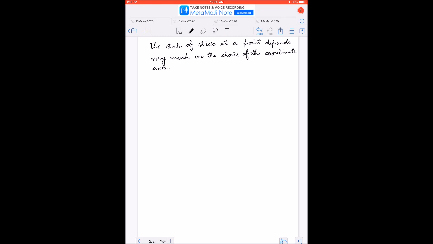This basically means that if we use different sets of coordinate axes, then the values of the various stress components will come out to be different.